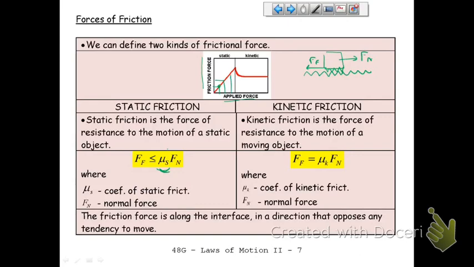If I apply 3 newtons, it matches it. If I apply 4 newtons, it matches it. If I apply 4 and a bit, suddenly I start moving. And the weird thing is, my frictional force once I'm moving is not as big as my frictional force at the point of slipping. That's very significant.